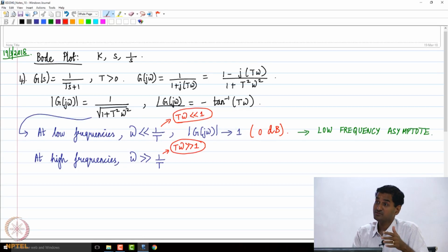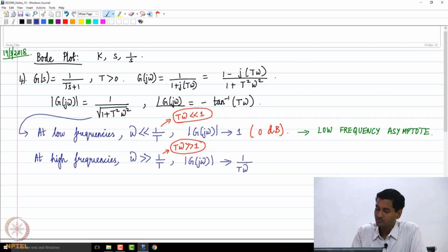T squared omega squared is going to become 10 power 4. So what can you say about 1 plus T squared omega squared? It's going to be 1 plus 10 power 4, that's almost 10 power 4, right? So I can approximate 1 plus T squared omega squared as T squared omega squared itself, right? So what's going to happen to this magnitude? Immediately we can observe that the magnitude of G omega tends to 1 by T omega. I hope it's clear how we got this, right?